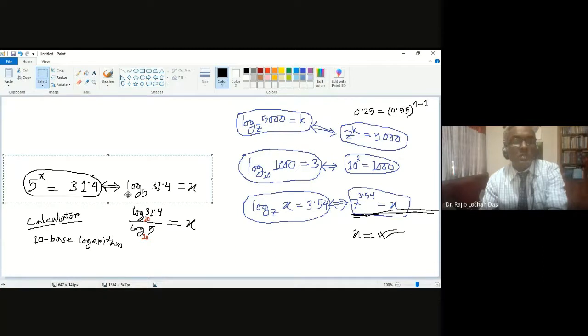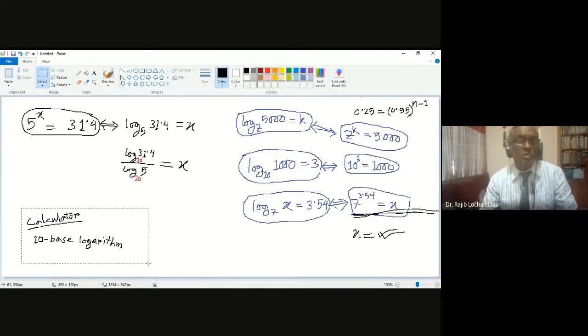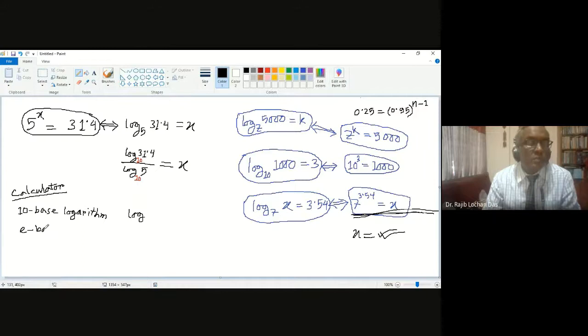If you use log, that means 10 base logarithm, you will get the answer log 31.4 divided by log 5. You can also use the other button, called ln. It is e base logarithm. E is a special number, you already know that, I told you about e.